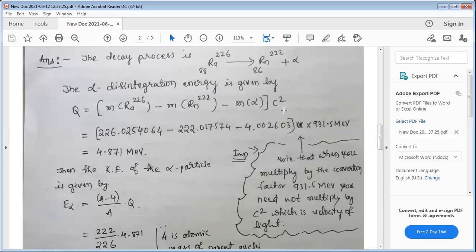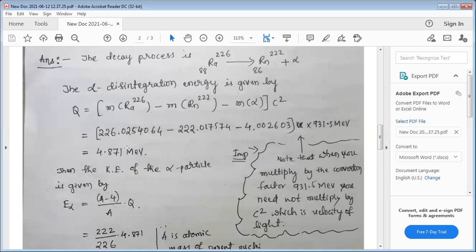You may ask what happened to the velocity of light, why it is not multiplied. It is because we are multiplying by this conversion factor, so the value of c squared is not to be multiplied here. Multiplying by 931.5 MeV gives the energy Q value directly.